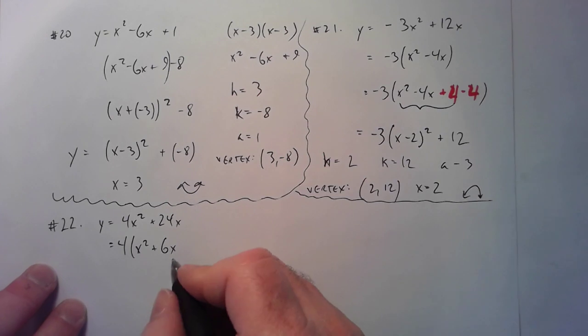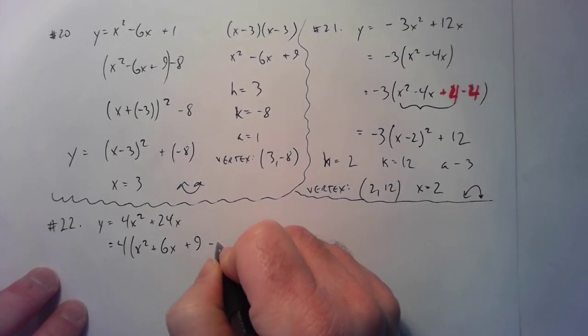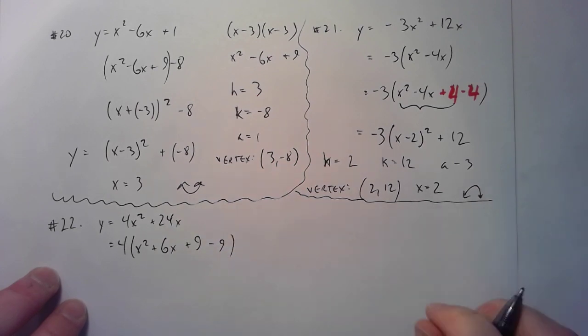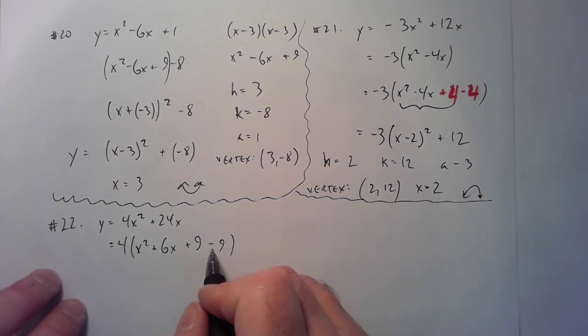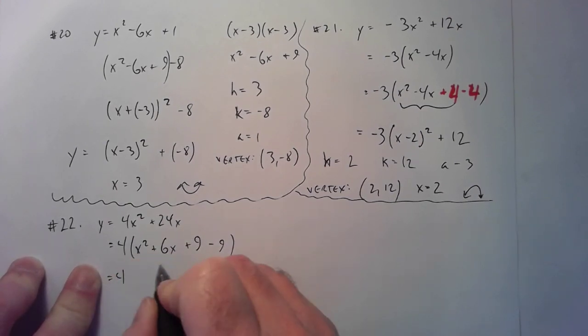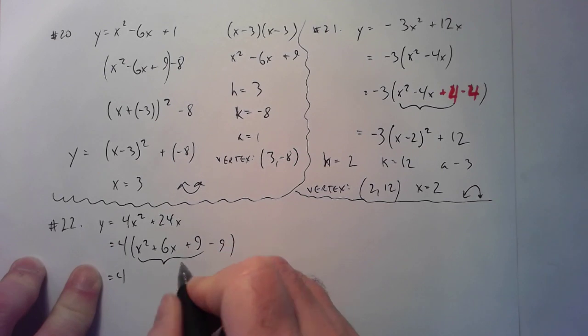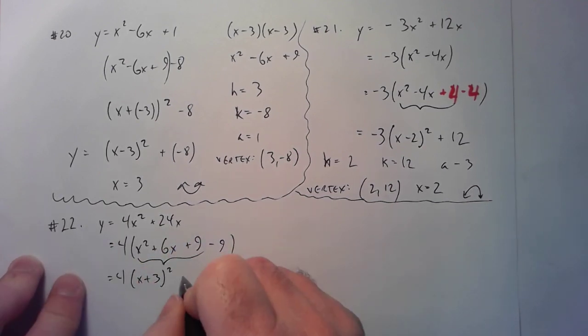It's 3, so there ought to be a 9 here, but there's not allowed to be a 9, so plus 9 minus 9. 9 times 4 is 36, so this is 4 of x plus 3 squared minus 36.